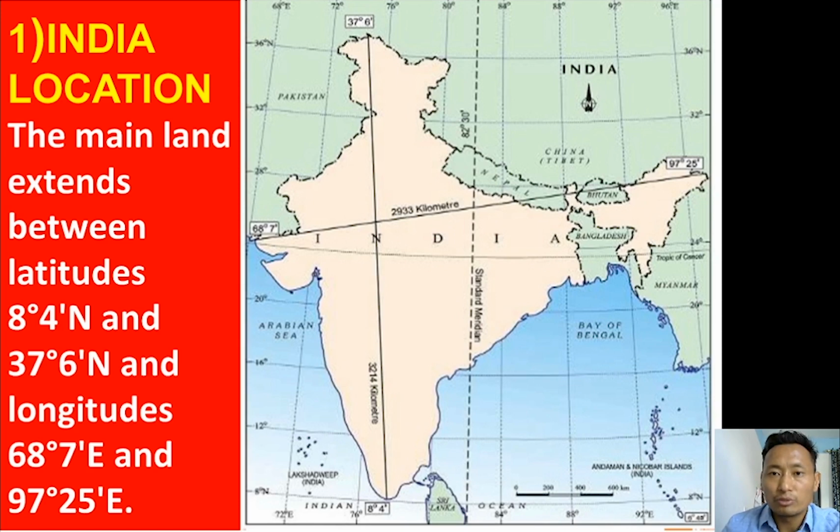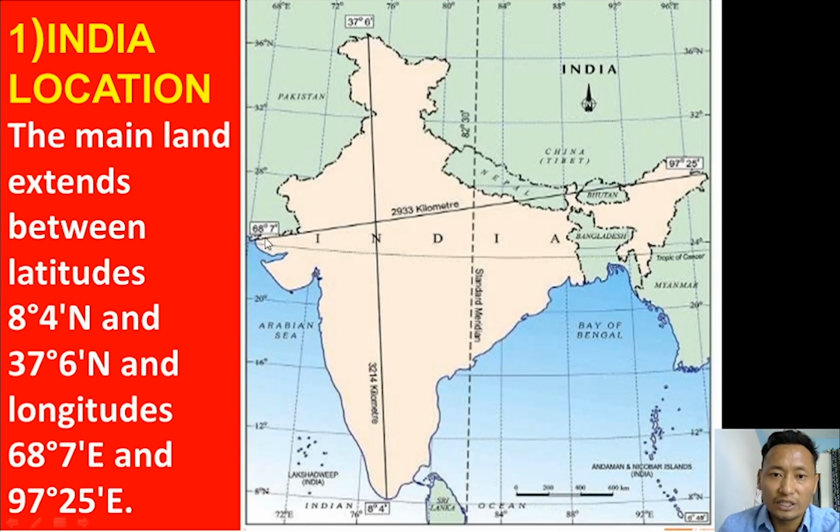That means north of the equator, because of the northern hemisphere. And if we talk about the longitudinal extent of India, India lies between 68 degree 7 minute east. Why east? Again, India lies at the east of the prime meridian or Greenwich meridian.